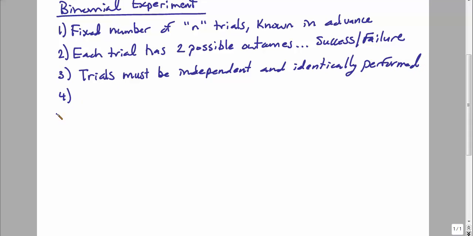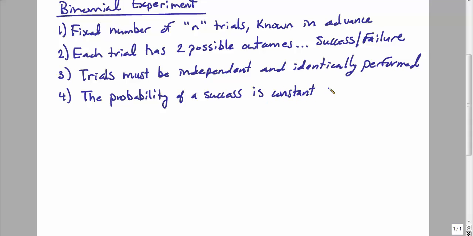Okay, the fourth criteria, the probability of a success has to be the same for every trial. So we say the probability of a success is constant from trial to trial.